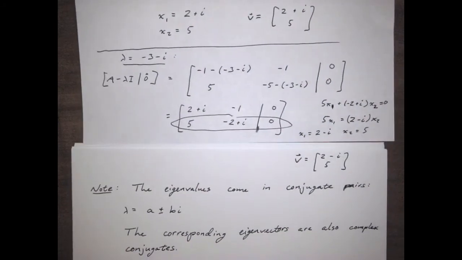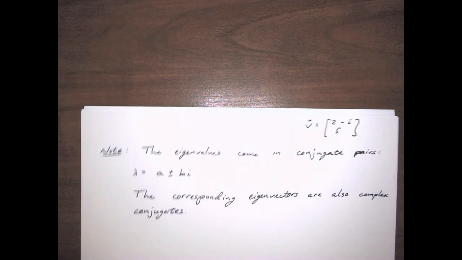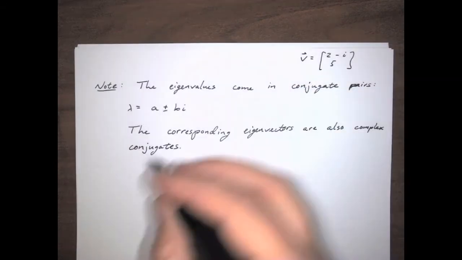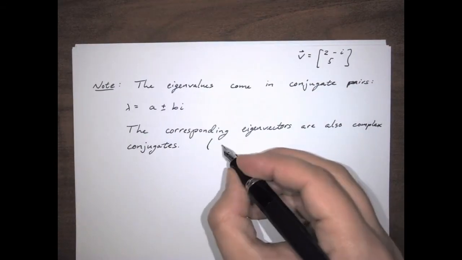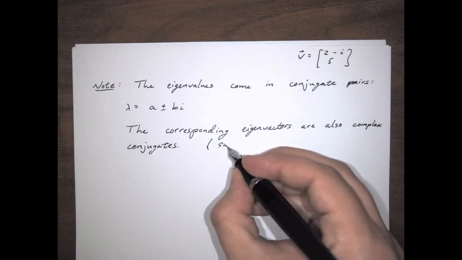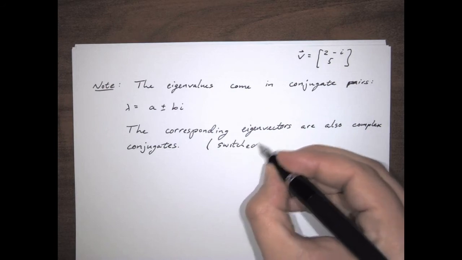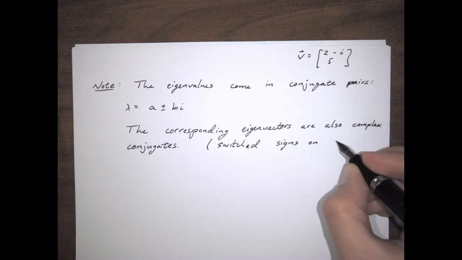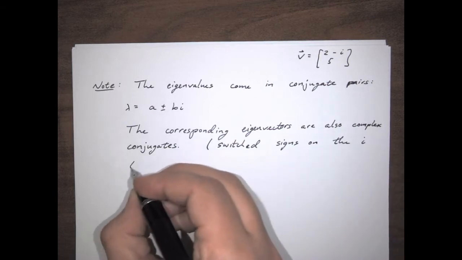And what that means, so complex conjugate, that refers to changing the coefficient of the i from positive to negative. So we switched signs on the i terms.